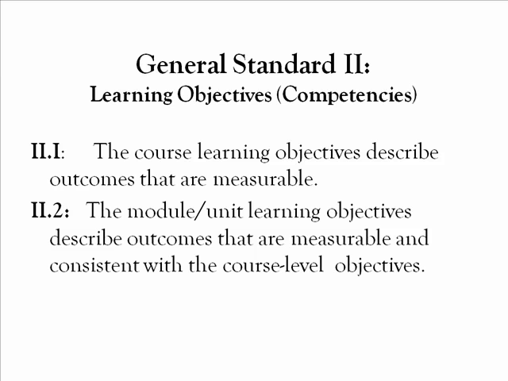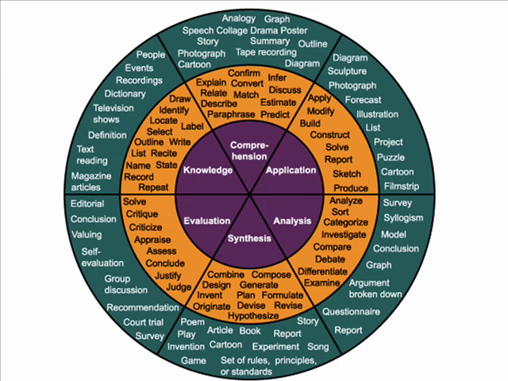Here's what we want to do now. We're going to provide you with this Bloom's taxonomy. Some of you may have heard of Bloom. He has different verbs, different ways, different things that you can use to write objectives on various levels. In Bloom's taxonomy, the most basic starts out with knowledge.